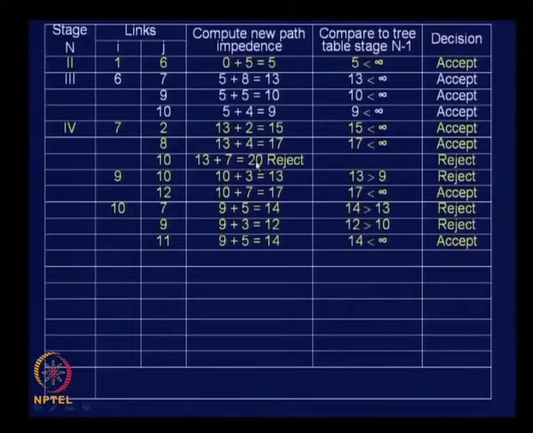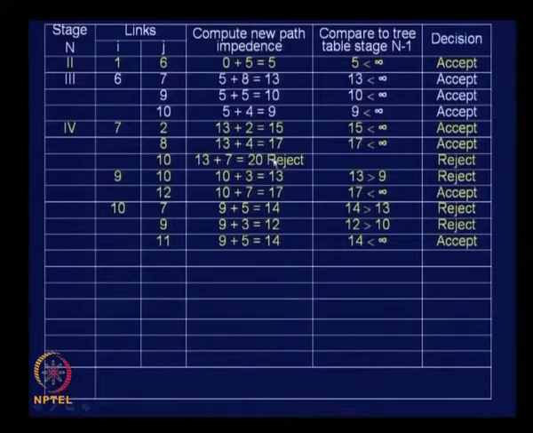Check whether we have reached 10 with a lesser travel time. You can see that we have already reached 10 with a travel time of 9 minutes. 1, 6, 10 is 9 minutes, whereas now we get a travel time of 20 minutes to reach 10.